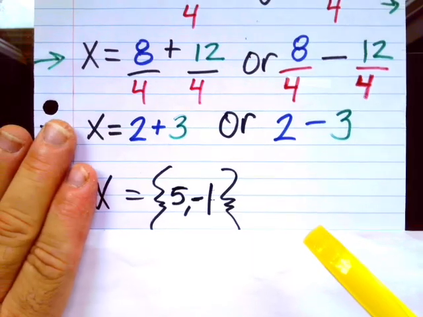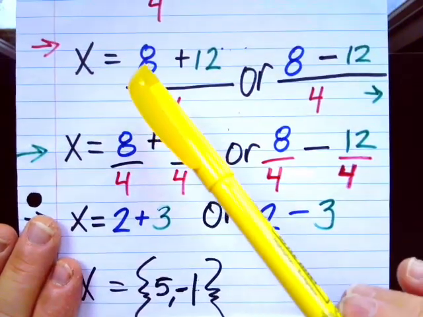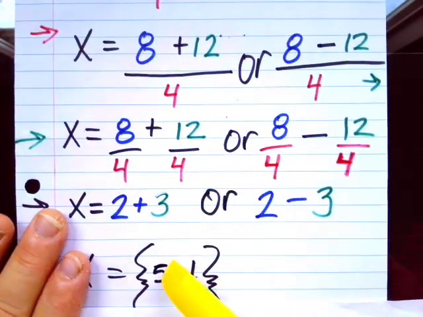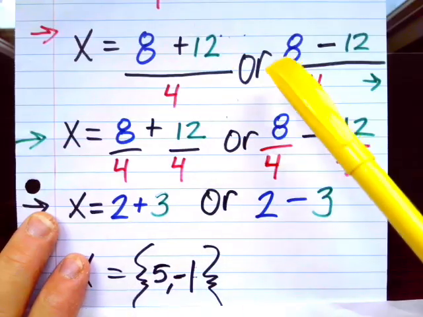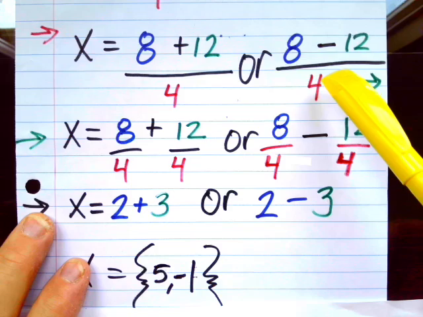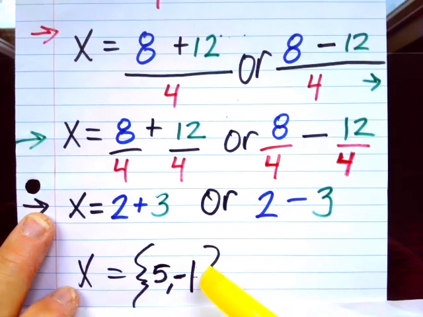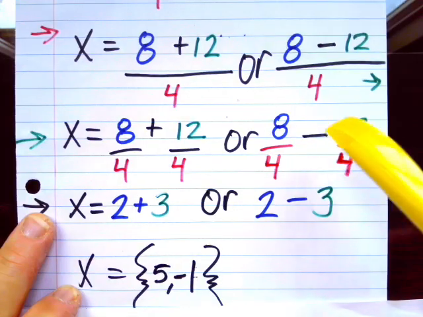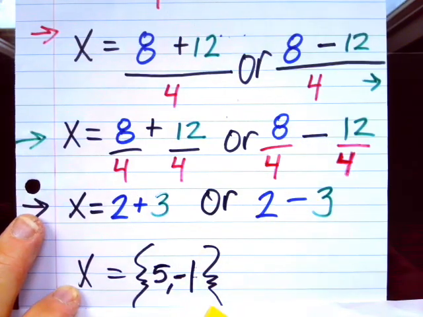I can't emphasize enough: 8 plus 12 is 20. 20 divided by 4 is 5. Or 8 minus 12 is negative 4. Negative 4 divided by 4 is a negative 1. Here, I hope I didn't confuse you. This is just another way to write these fractions up above.